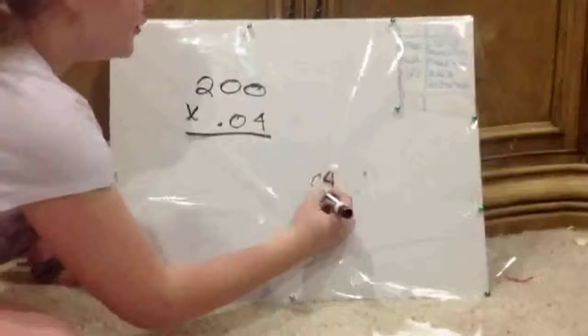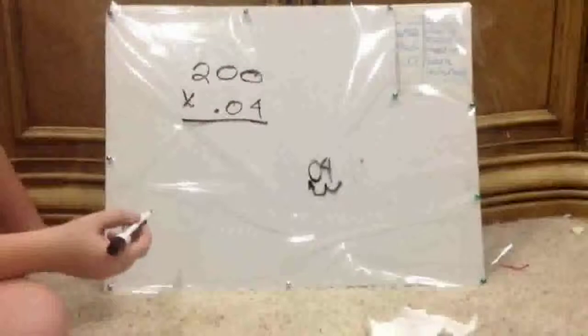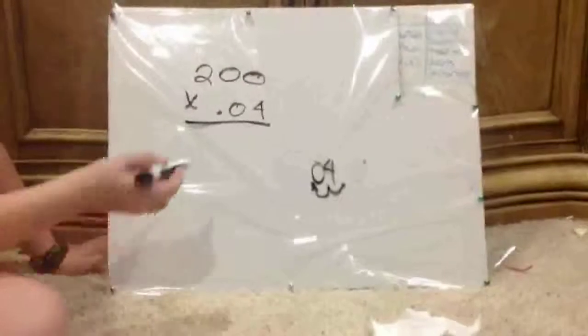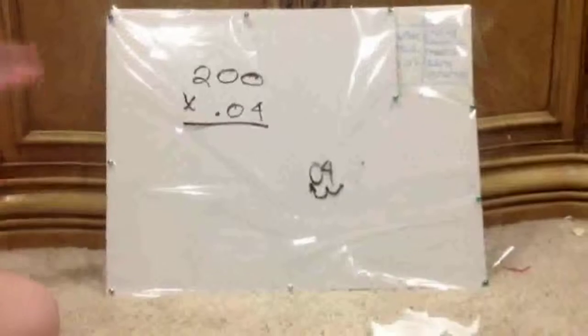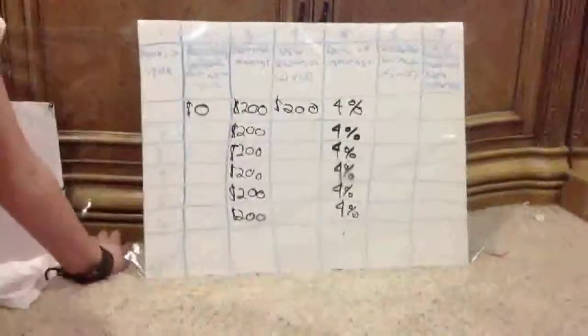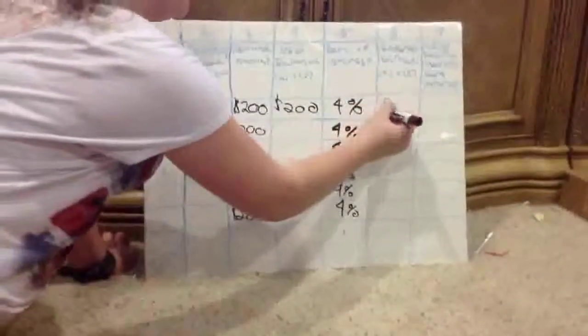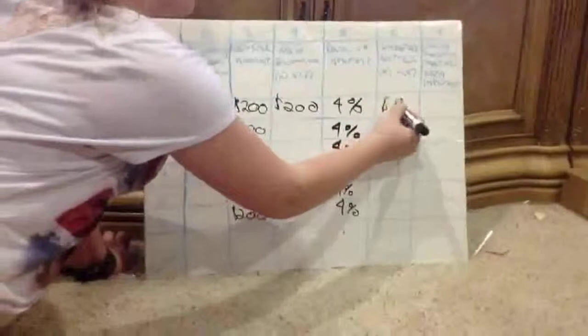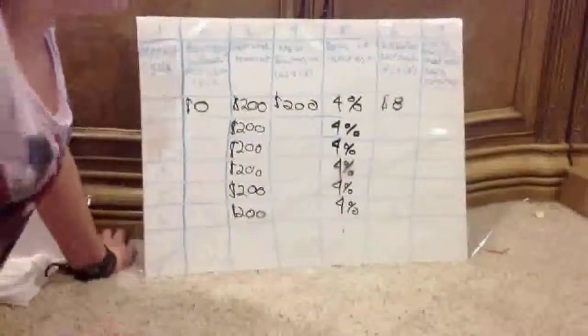So you would put a 0 to fill in, so it would be 0.04. So if you're going to times it, here's what you would get. 8. So, since it was 8, you would take that 8 and it would be $8 right here. So that would be your interest earned.